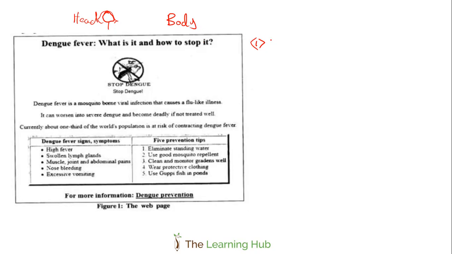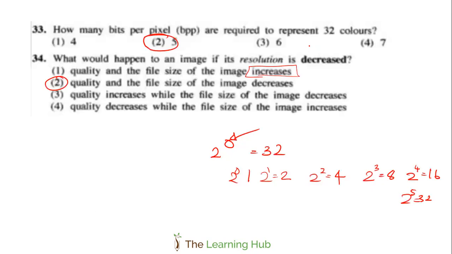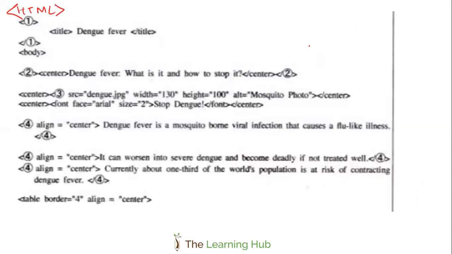So number 1 is head. You don't have to put the brackets because the brackets are already within your question. Then the title, head is closed, and we start the body. Number 2, center, dengue fever, what it is and how to stop it. Then we have stopped the center line and closed number 2.